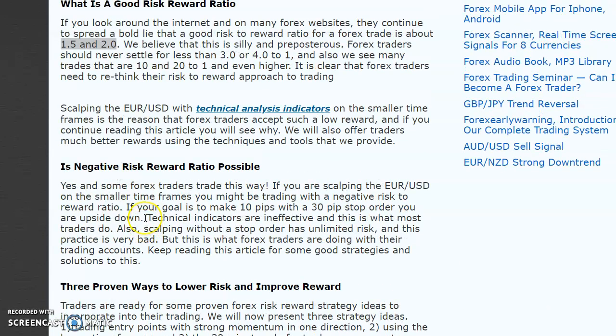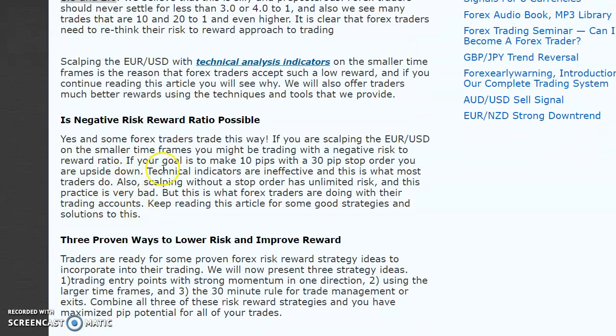Okay, is a negative risk to reward ratio possible? The answer is yes. A lot of Forex traders are using technical indicators and scalping the Euro USD on the small time frames. They're trying to make 10 pips, and they have a 30 pip stop order, which is upside down. This is a negative number, negative pips they're risking against a small reward.